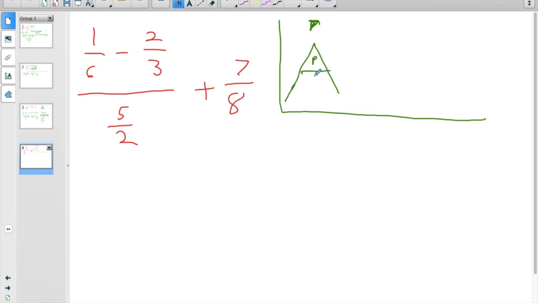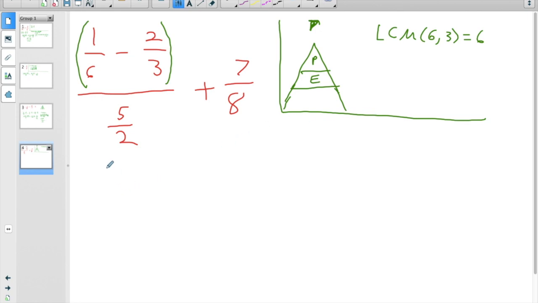Parentheses, exponents. Well, our parentheses are our numerator of this first fraction. So to simplify those parentheses, we have to do addition, which means we need to know the least common multiple of 6 and 3, which is 6.